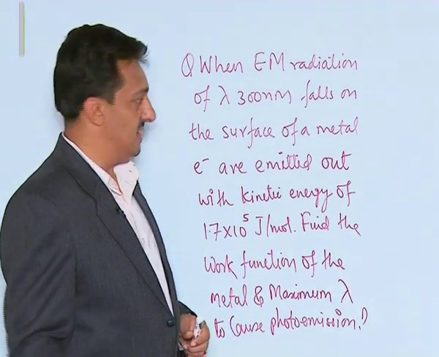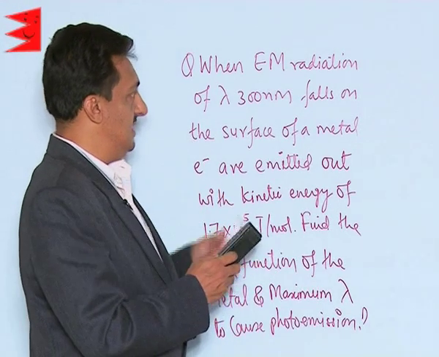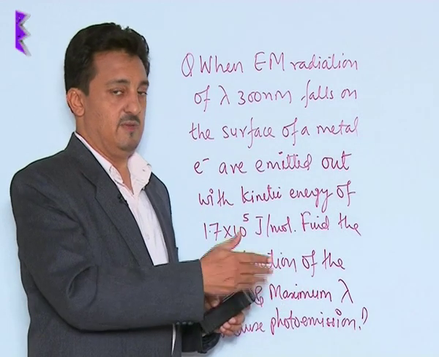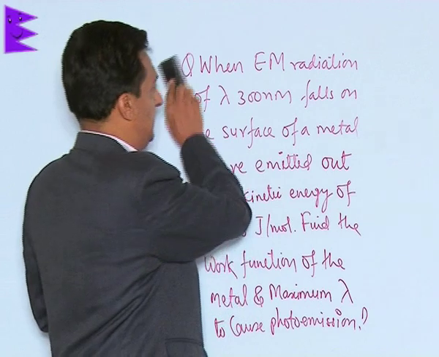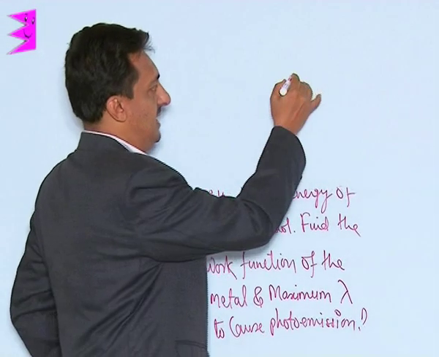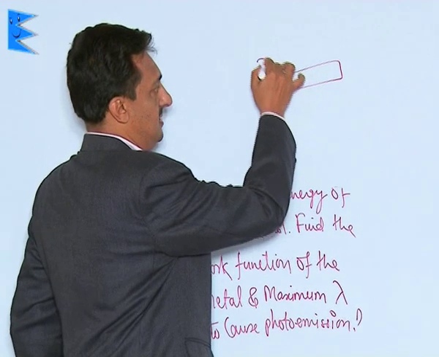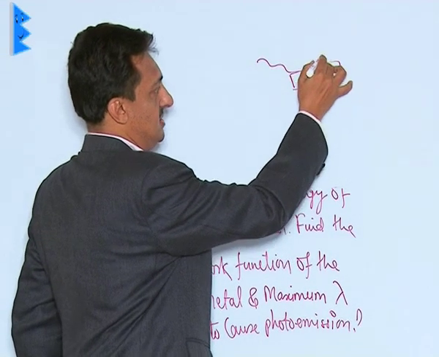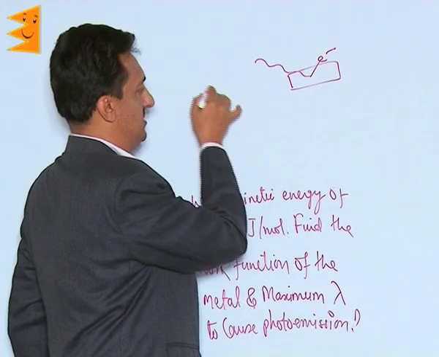So this is the data which is given to us, and the incident radiation has a wavelength of 300 nanometer. Now we know the formula that whenever any metal is incident with a radiation, electrons are knocked out.